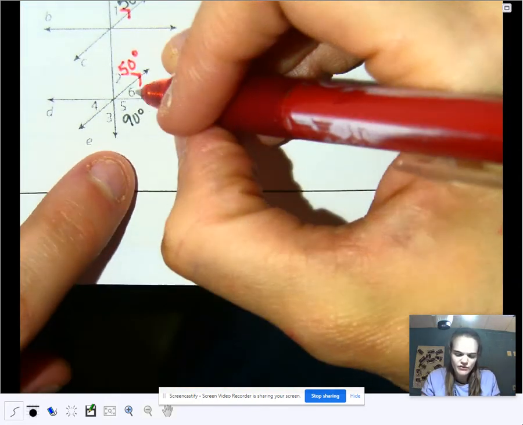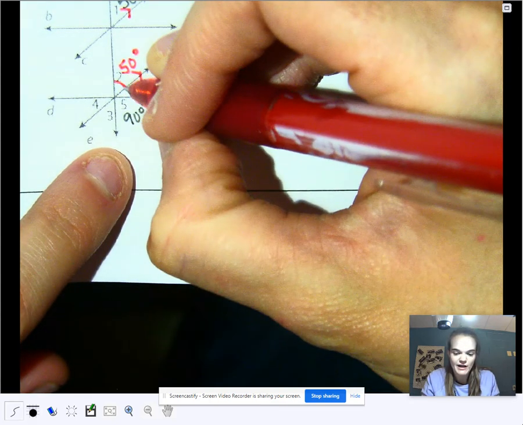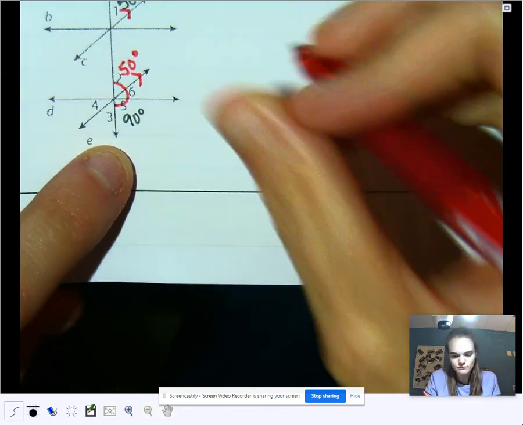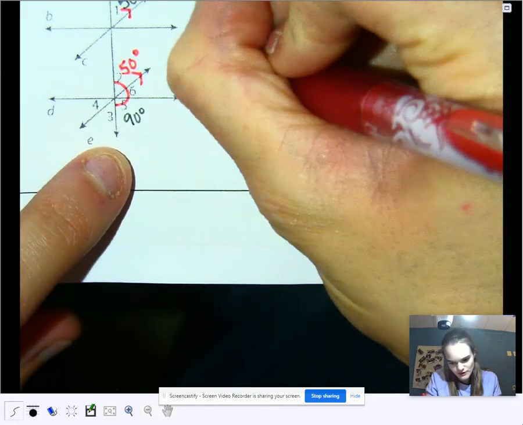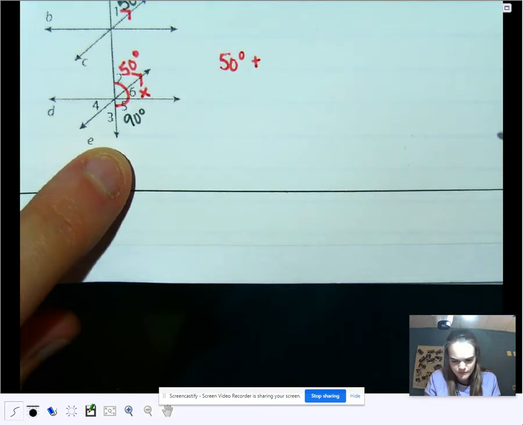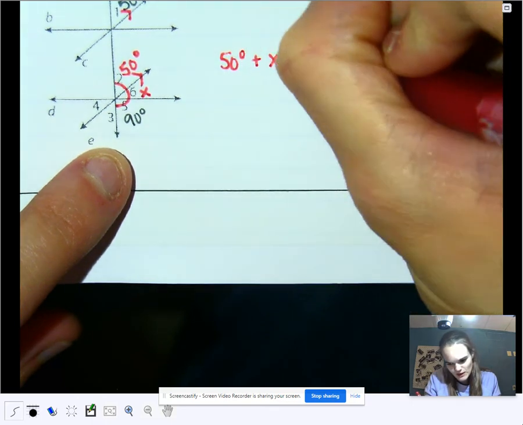Okay. 2 and 6 and 5. All of those are on a line right here. That means these three add up to 180. So 50 degrees plus, we don't know, plus 90 equals 180.